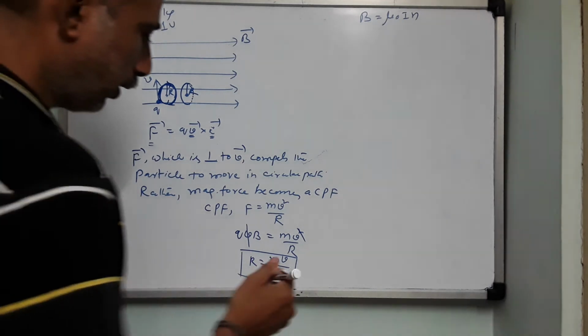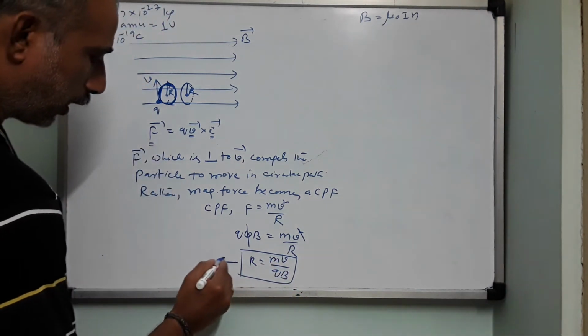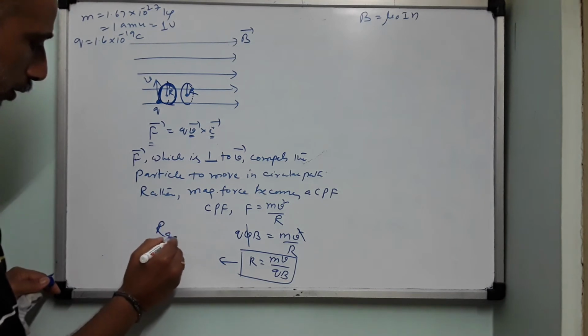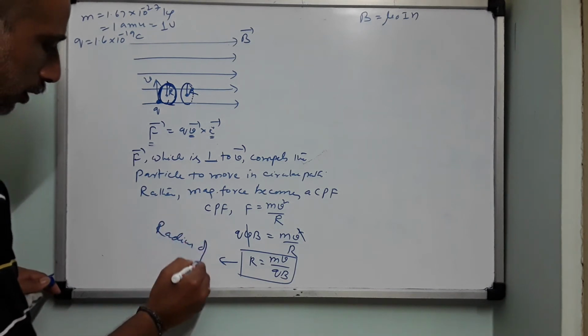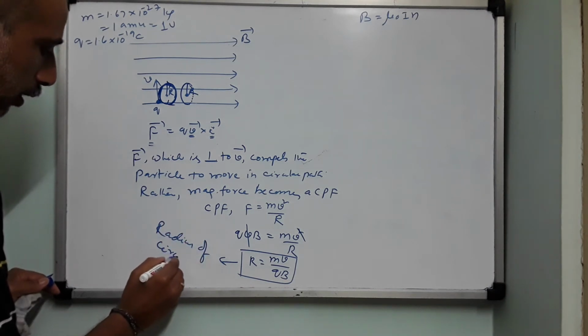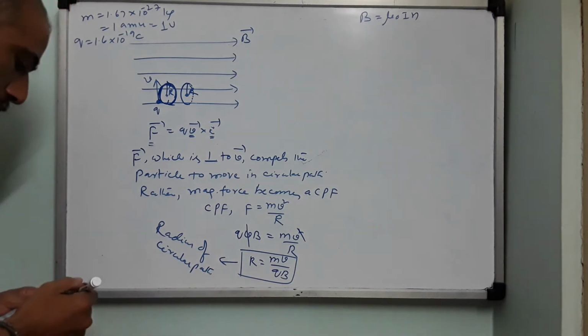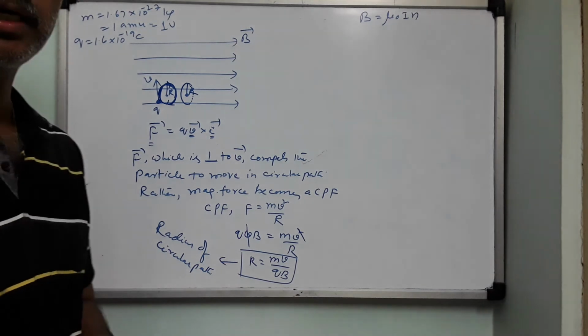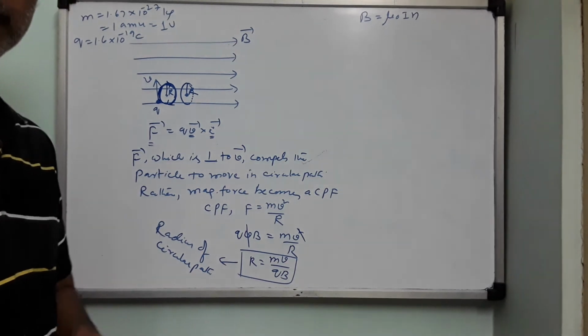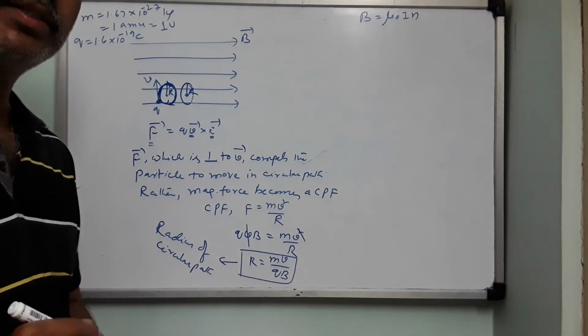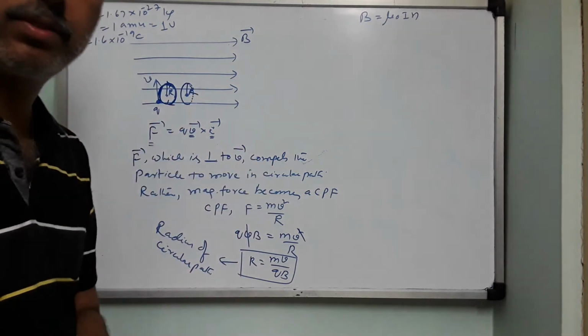So what is R, children? R is nothing but the radius of the circular path. Why is the charged particle moving in a circular path? Because the magnetic force is acting perpendicular to velocity. Does the magnetic force always act perpendicular to velocity? Yes.